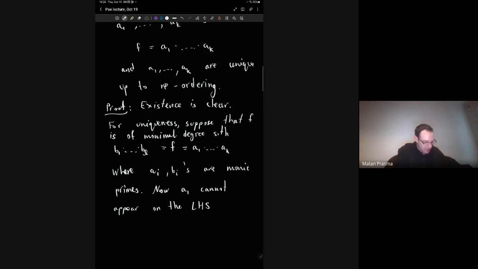So A1 cannot appear on the left-hand side, since otherwise we could cancel it and contradict the minimality of f.